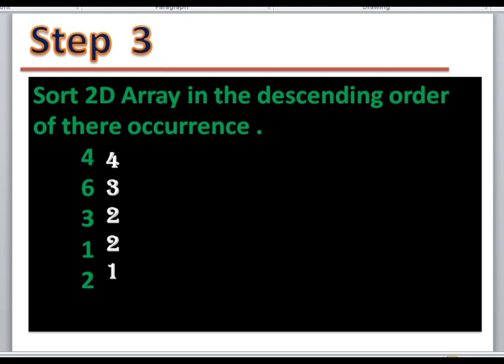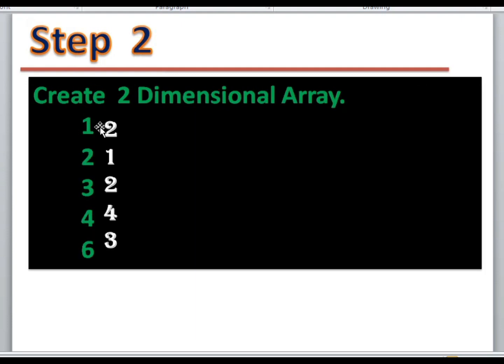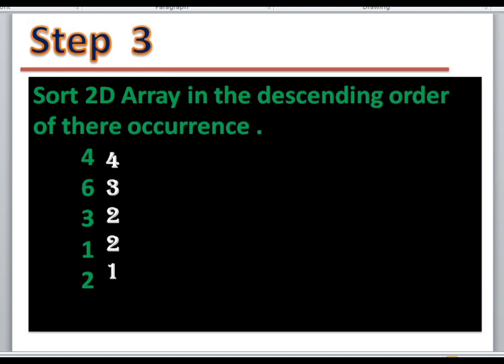The element 4 is present 4 times in our input variable, which is the highest occurrence, so after sorting it is placed in the first row. Before sorting, the first row had element 1, but after sorting the first position has 4, in terms of occurrence.